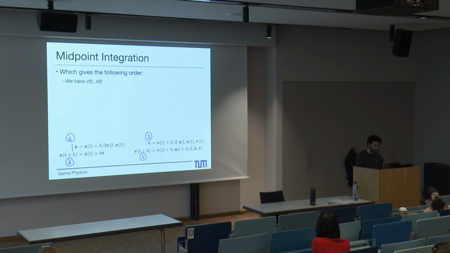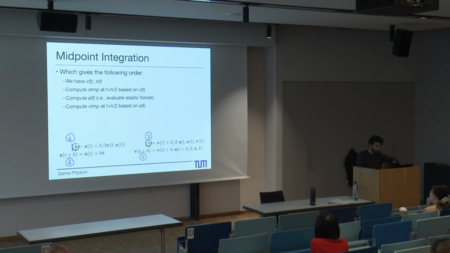So what we do is that we take v and x, and we compute and store the solution at time t plus h and a half for the position, and we can compute the same for v, so the two predictor steps.